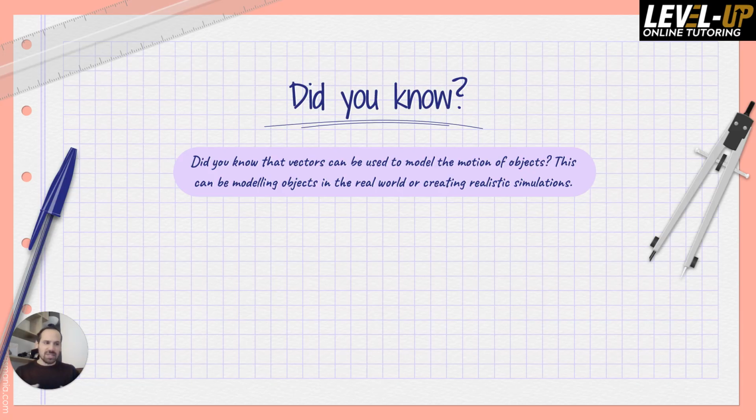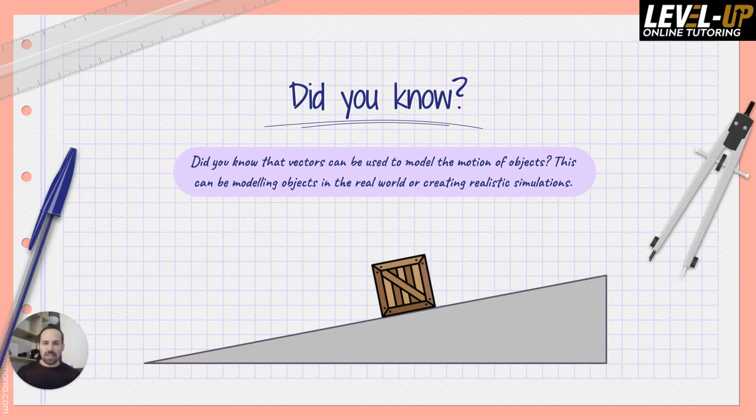And how we do that, say if we had a crate on a slant, we would model all the different forces acting on this box as vectors. So it's a force in a particular direction. First of all, we've got the weight of the crate pulling straight down towards the earth. We've got this normal force, which is the force of the surface pushing back on the crate, pushing it up like this.